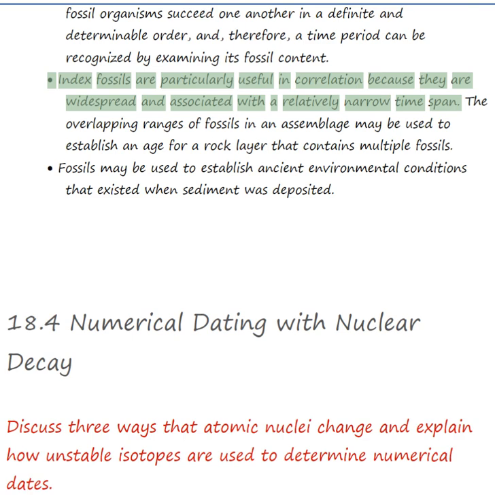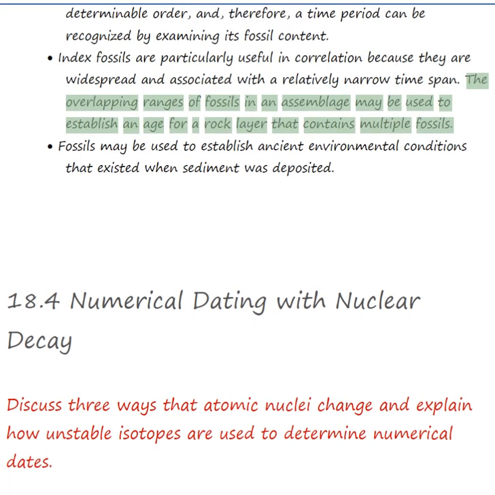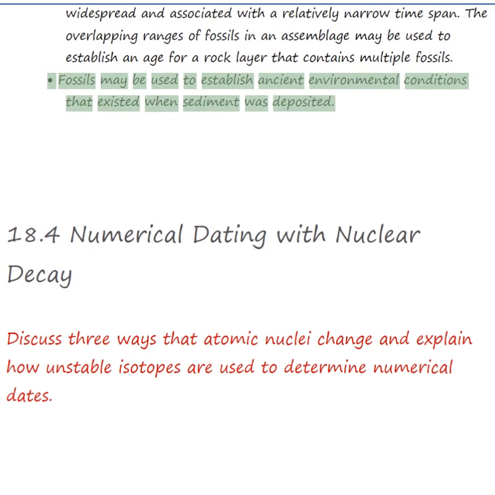Index fossils are particularly useful in correlation because they are widespread and associated with a relatively narrow time span. The overlapping ranges of fossils in an assemblage may be used to establish an age for a rock layer that contains multiple fossils. Fossils may be used to establish ancient environmental conditions that existed when sediment was deposited.